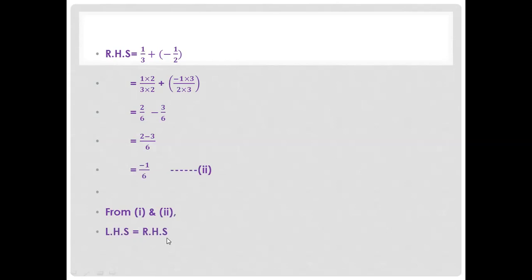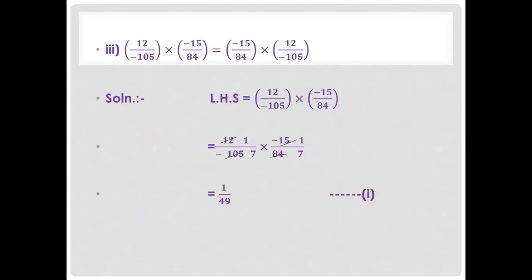So in this question we apply the commutative property of rational numbers with respect to addition. Now come to the next part, question number 4. The second part is the same, commutative property of rational numbers with respect to addition. You will do it by yourself, it is homework.